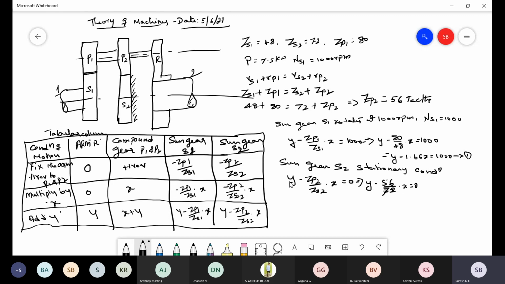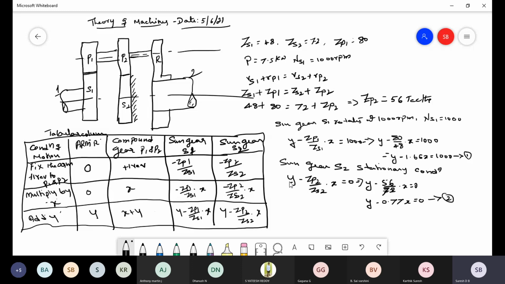You can simplify 56 divided by 72, which is 0.77. So Y minus 0.77 X equal to 0. This is equation number 2.